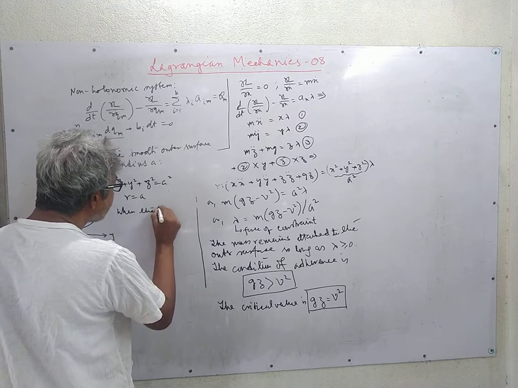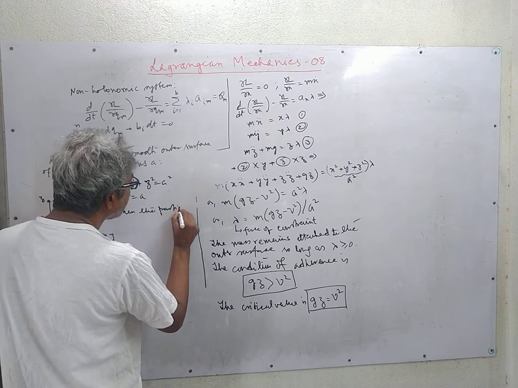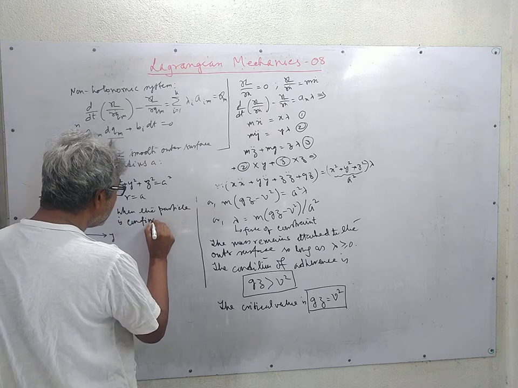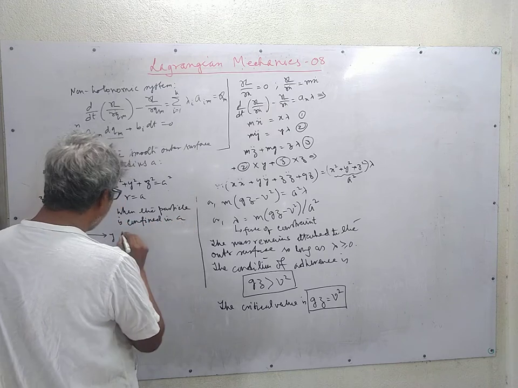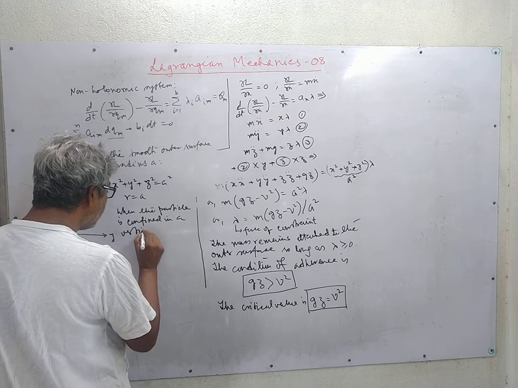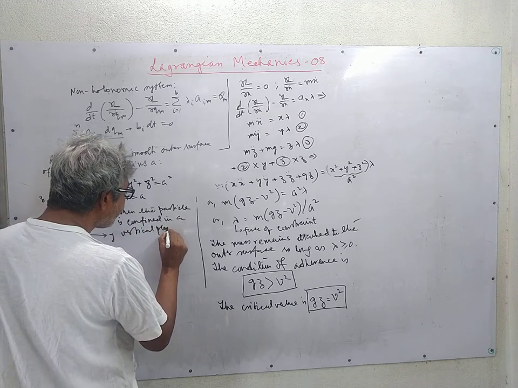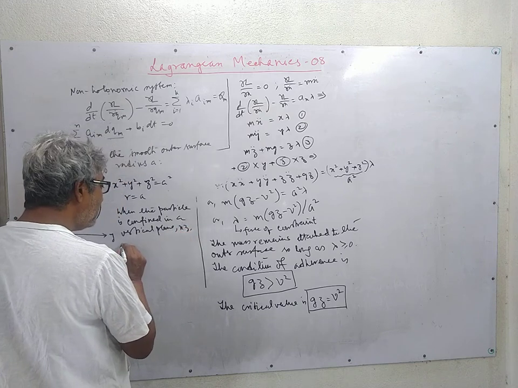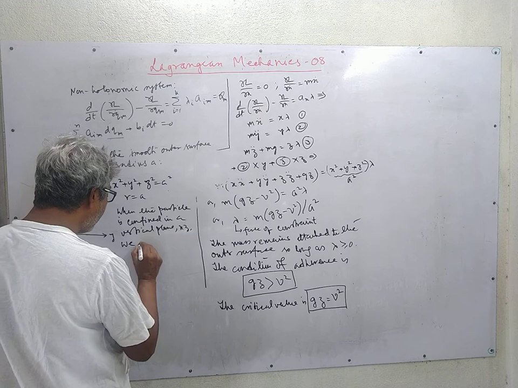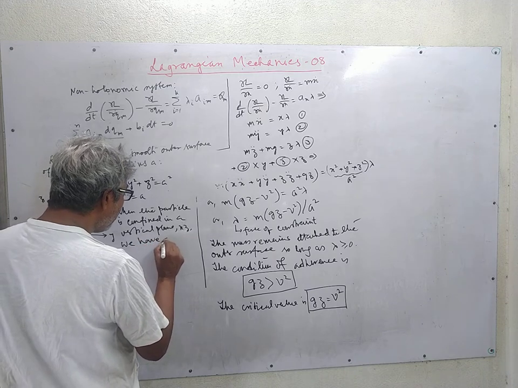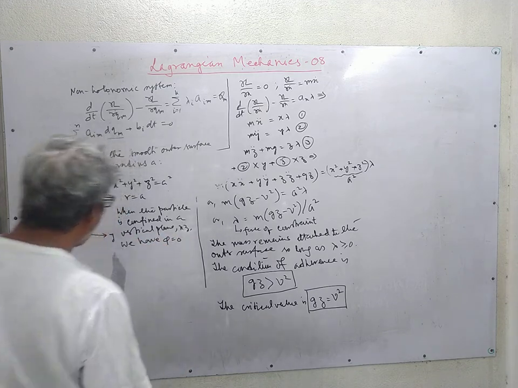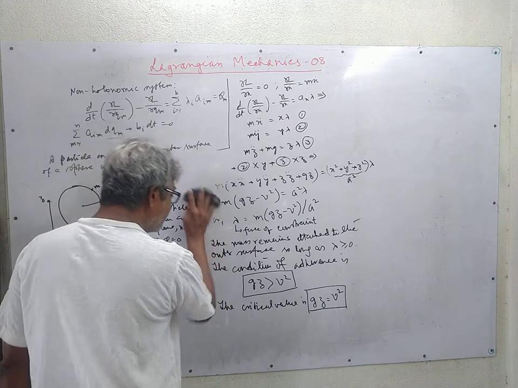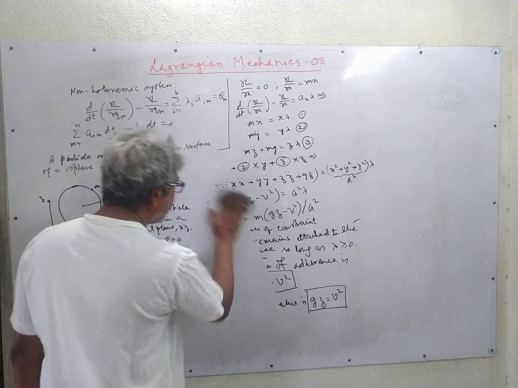When the particle is confined in a vertical plane, we take the xz plane. We have phi equal to 0 in the spherical polar coordinate system r, theta, phi.